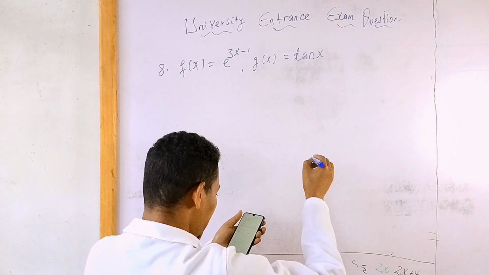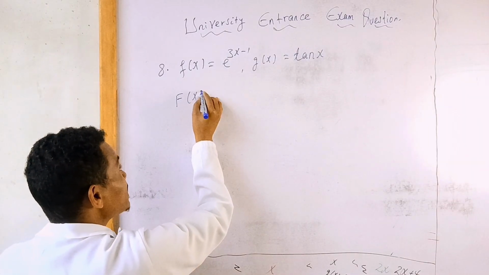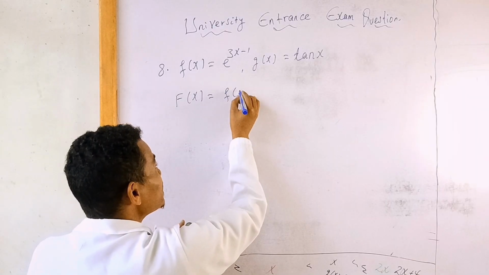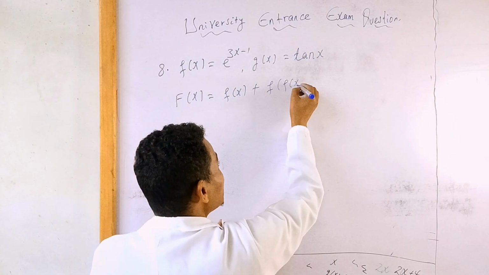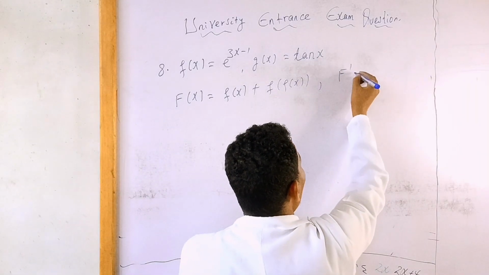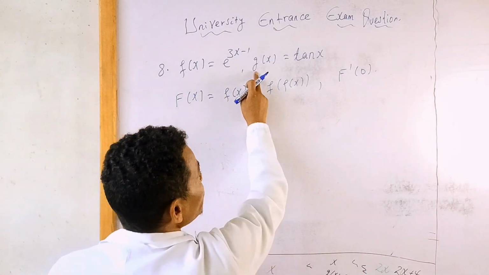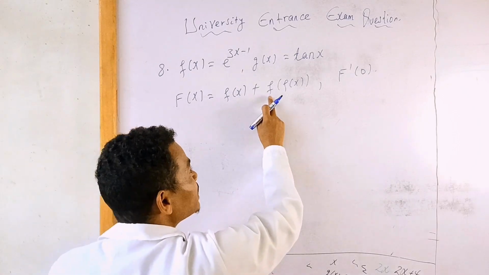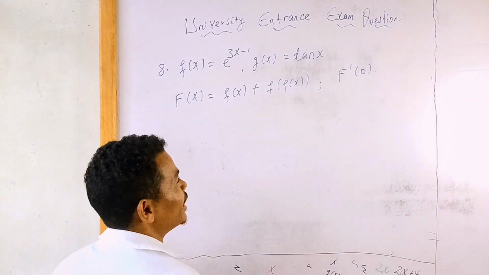If capital F of x is equal to small f of x plus f of g of x, then what is capital F derivative at 0?